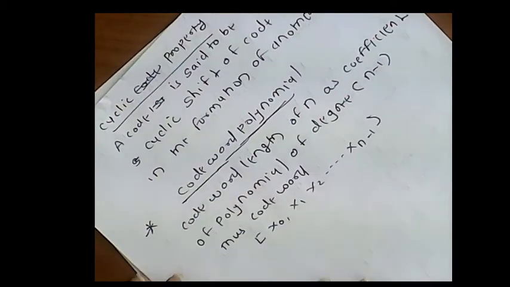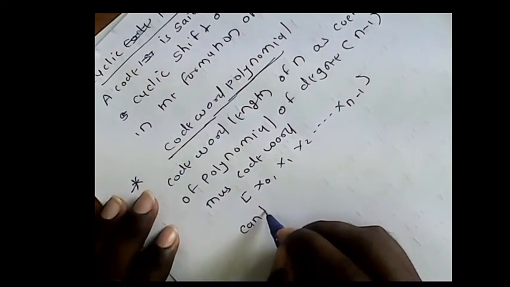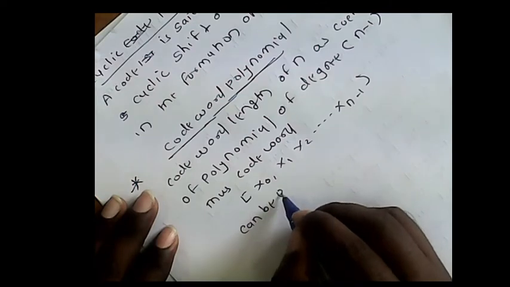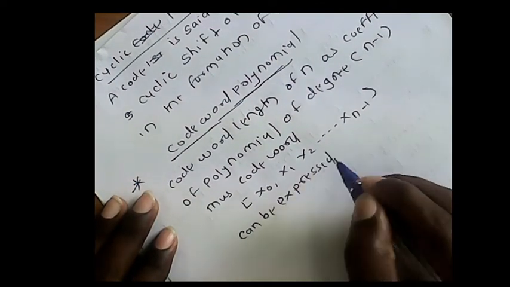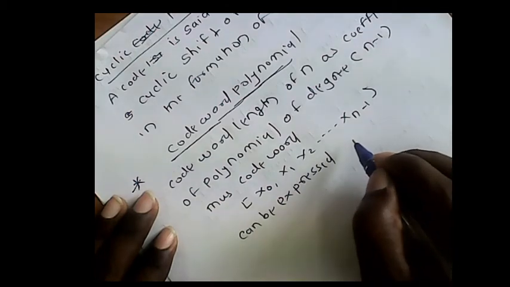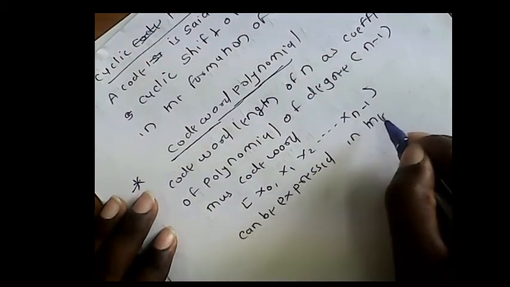So these are the coefficients of the polynomial. So it can be expressed in the form of a code word polynomial.